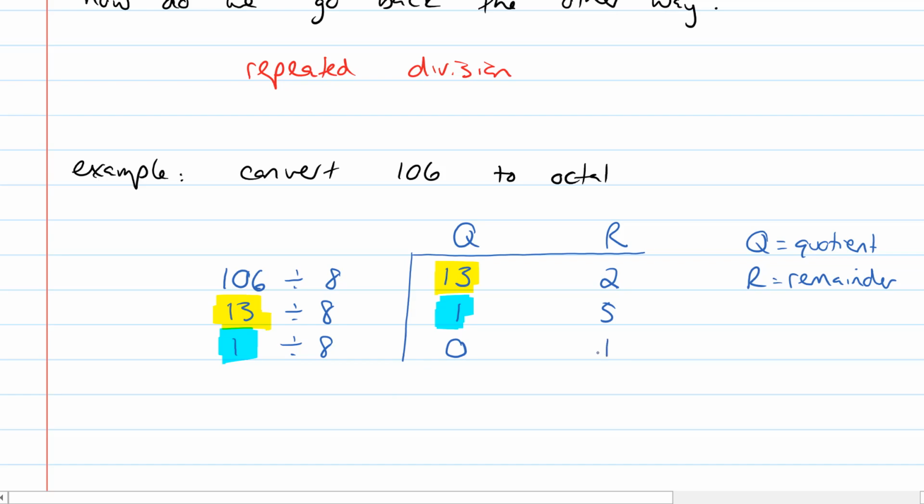But if you're having one of those days, you can take 1 divided by 8, get 0.125, multiply it by 8 again to get 1, and go, oh yeah, that thing. So for this method, you keep dividing until Q equals 0. Once you've done that, you take your remainders and you write the digits in reverse order.